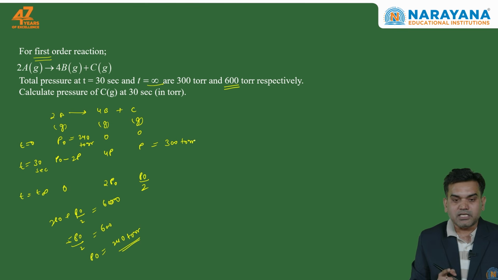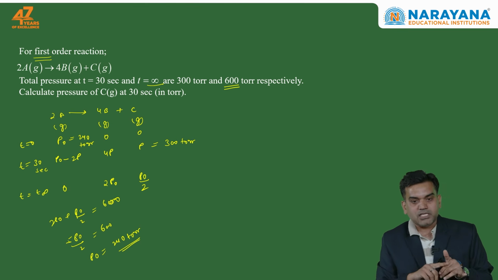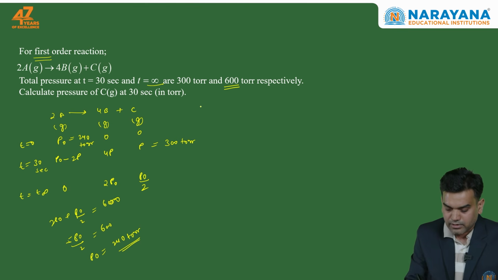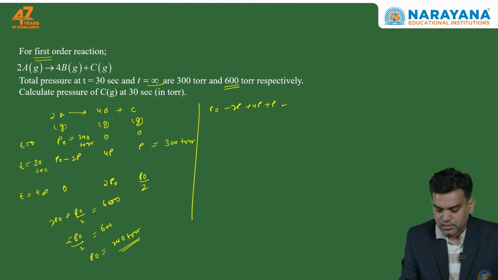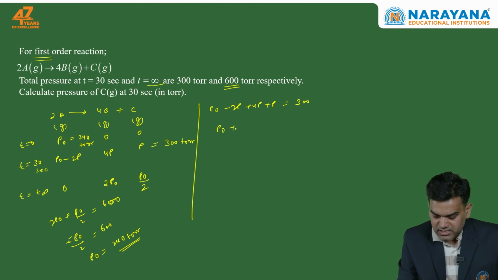So it means P naught minus 2P plus 4P plus P should be equal to 300 torr. So this is equal to P naught plus 3P is equal to 300.